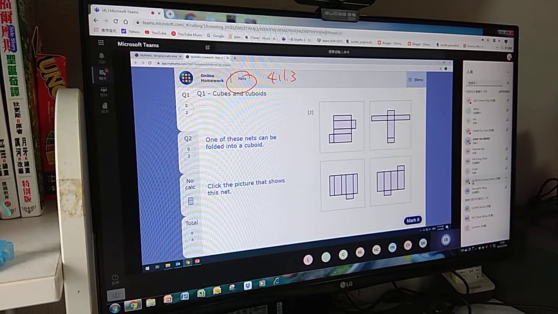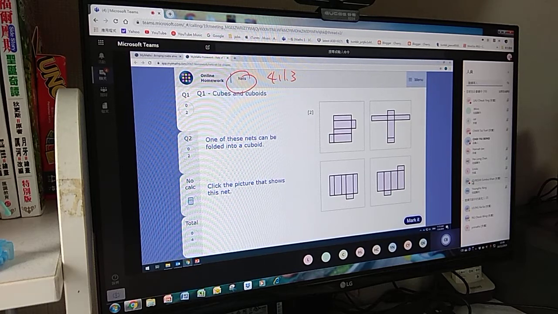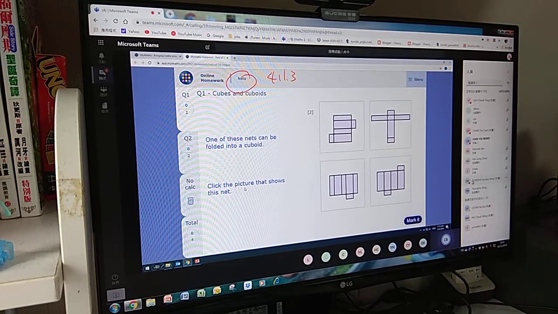即係將一個立體將佢用攤翻平一圖，咁佢就話啦，OK, the question is asking you about which picture can fold into a cuboid. That means which one can make a shape like this.